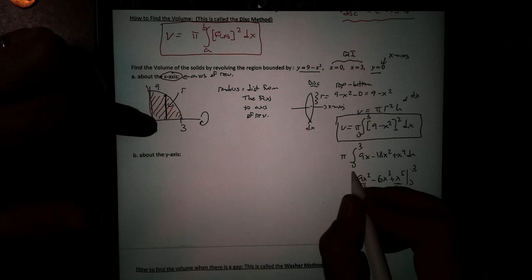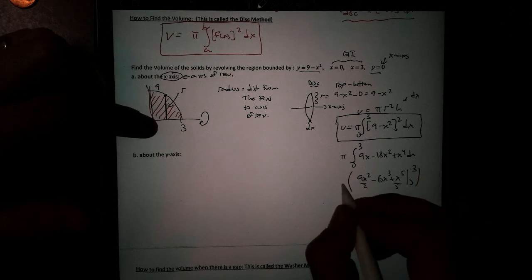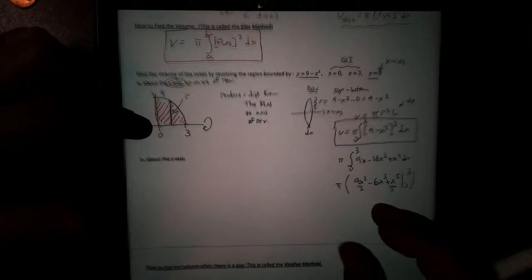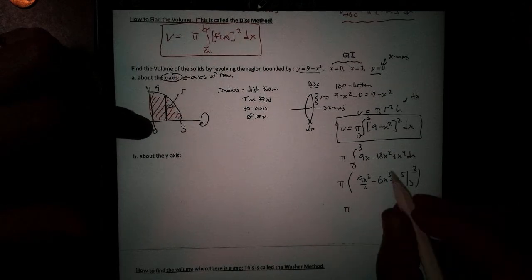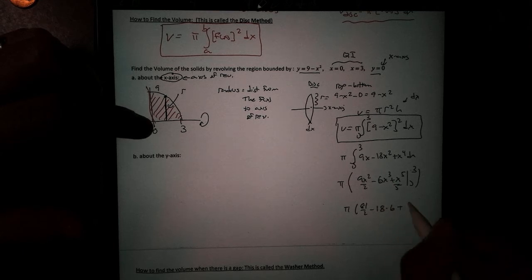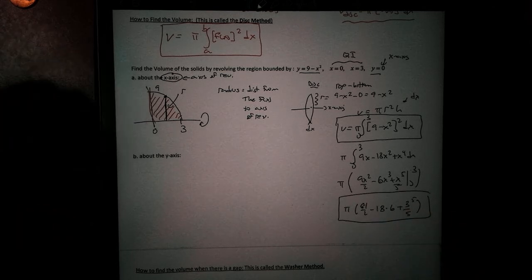And we're just going to multiply this answer by pi. Plugging in 3, I'll just leave 3 to the 5th over 5, and for the most part AP will be okay with that.